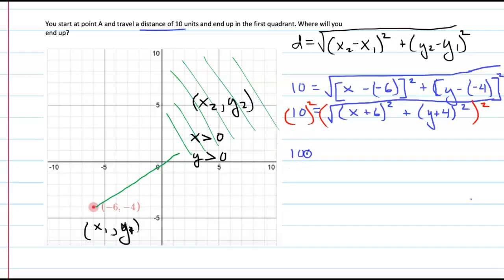We get 100 is equal to x plus 6 squared plus y plus 4 squared. And now you probably don't recognize this yet, okay? But this is an equation in two variables, so this will produce a graph. But this is actually going to be the graph of a circle, okay?